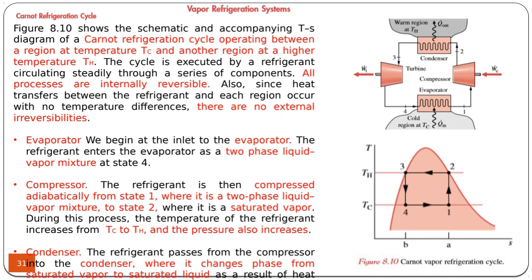Because inside the refrigerator is colder than the outside. Normally, it's not possible to move heat from a lower temperature to higher temperature because as a principle, heat is always transferred from high temperature to low temperature.